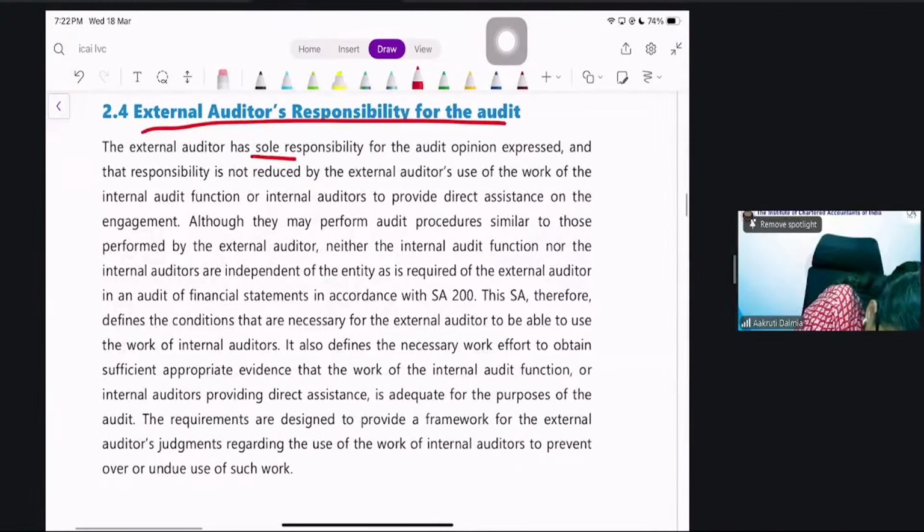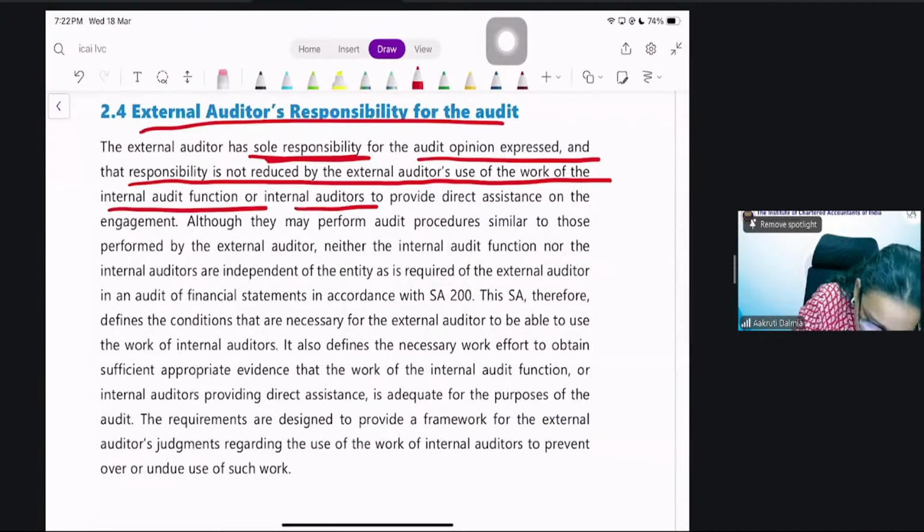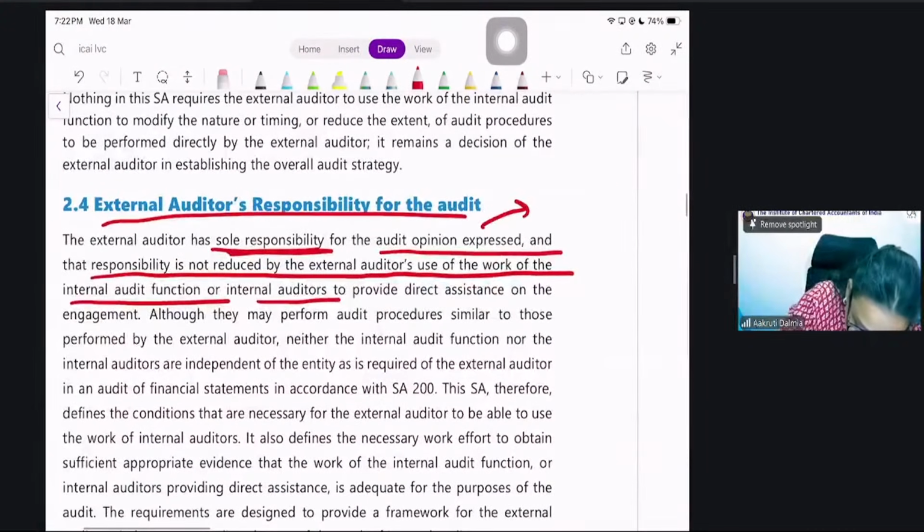external auditor has the sole responsibility for the audit opinion expressed, and this responsibility is not reduced by using the work of the internal audit function or internal auditors. Okay. So this is very important for MCQ and concept.